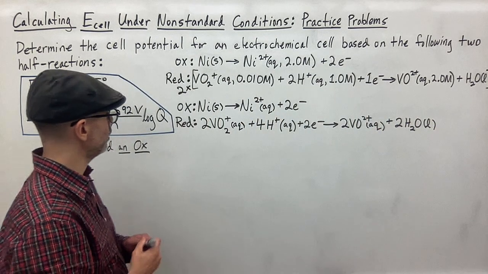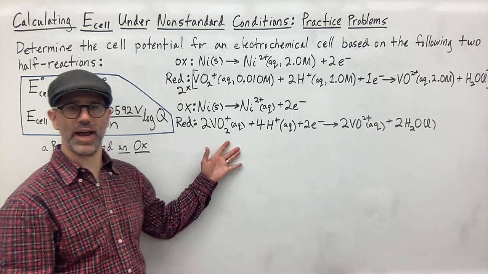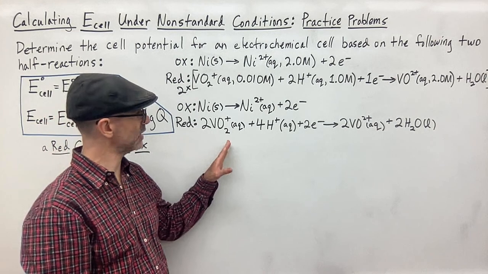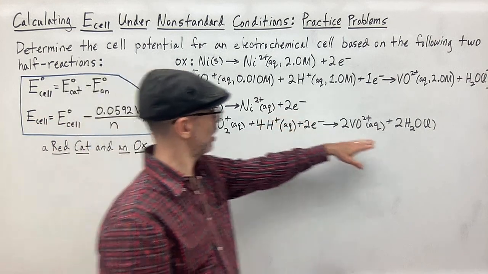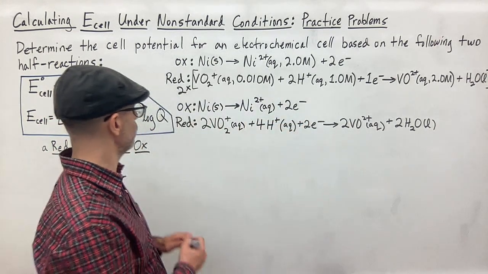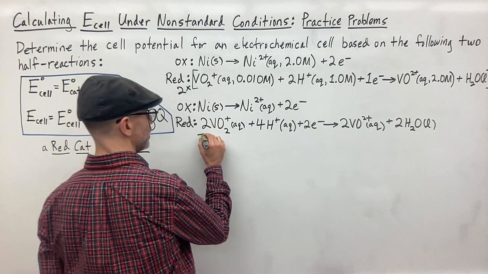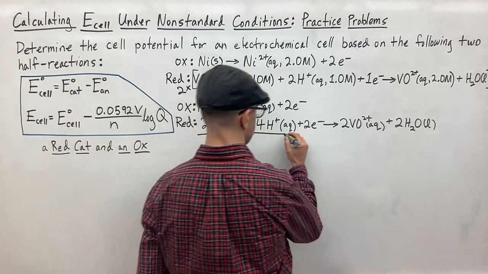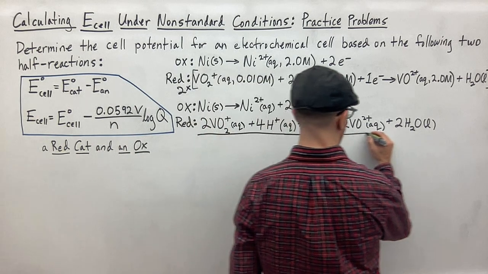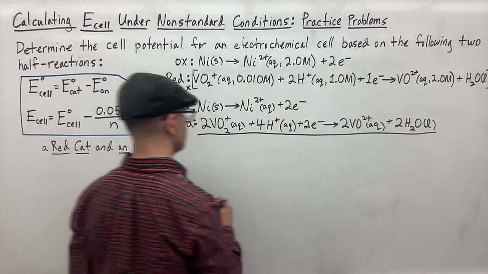Okay, so now that we have the two half reactions having the same number of electrons, we can go ahead and add these together for our complete reaction happening in the electrochemical cell.